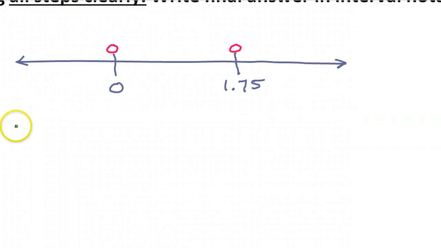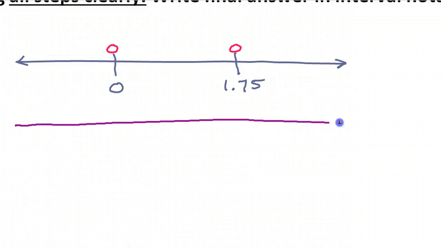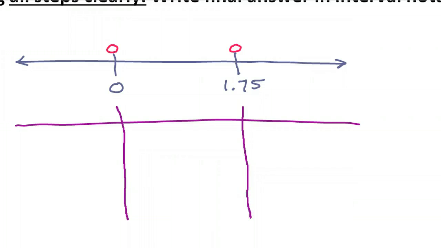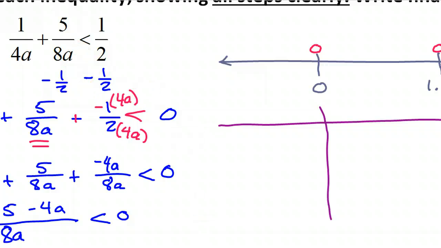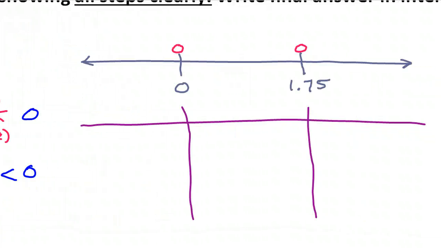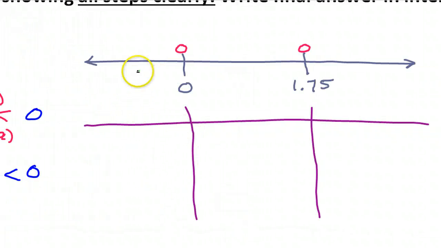So this is probably looking familiar to you at this point. I'm going to make that chart that we make sometimes. And because we're doing test values, that's right, it's back again. This is what we do anytime we're doing an inequality with really any kind of a function. So we need a test value in each one of the zones that are created by these critical values. So over here on the left, I need something less than 0.